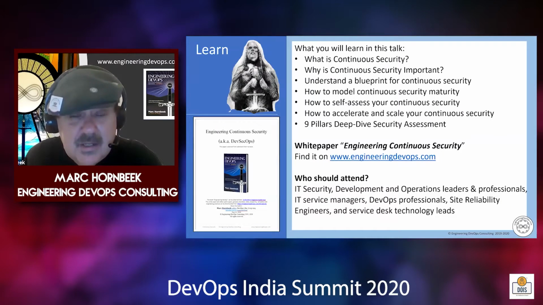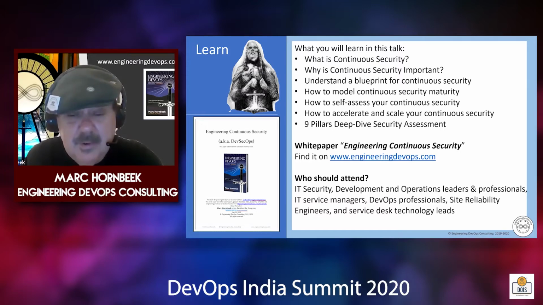What you'll learn in this talk: I'll talk about what is continuous security, why is continuous security important, understand a blueprint for continuous security best practices, how to model continuous security maturity, how to self-assess your continuous security, how to accelerate and scale your continuous security. And I'll talk about a more detailed model that I use in my consulting practice called the 9 Pillars Deep Dive Security Assessment.